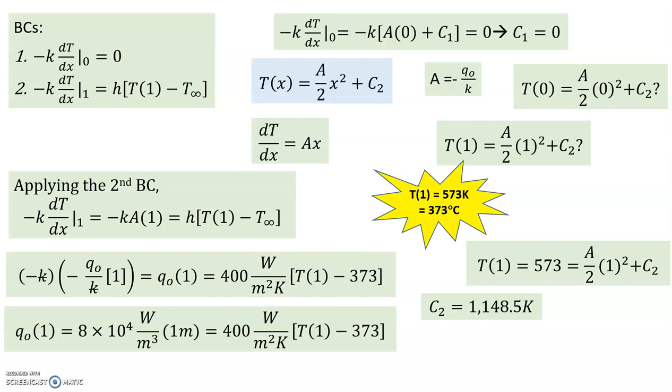Now you substitute that value into the temperature profile equation to determine C2, and once you find C2, substitute it back, put the surface to be 0, and you'll find that the temperature on the insulated surface is 875.5 degrees C. It's high.